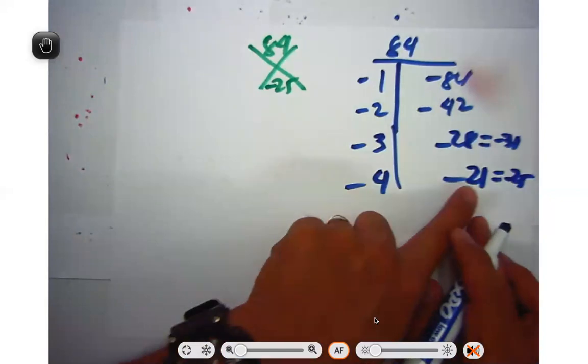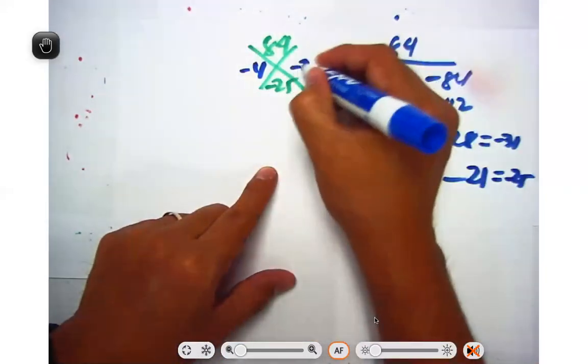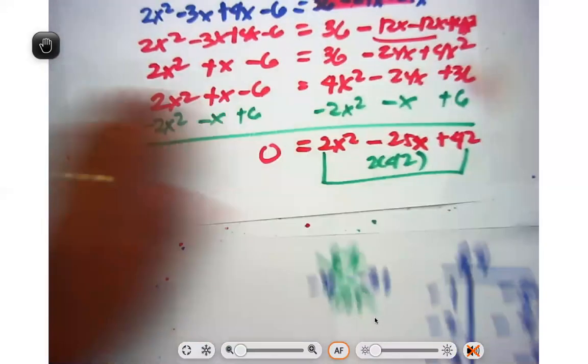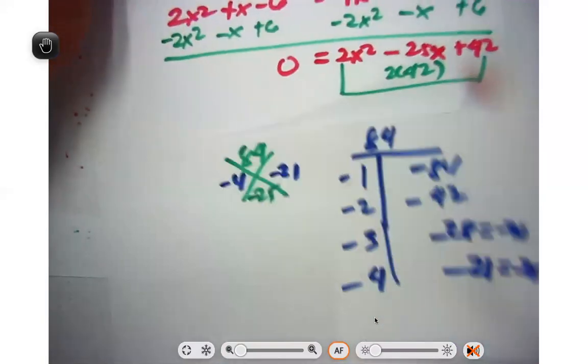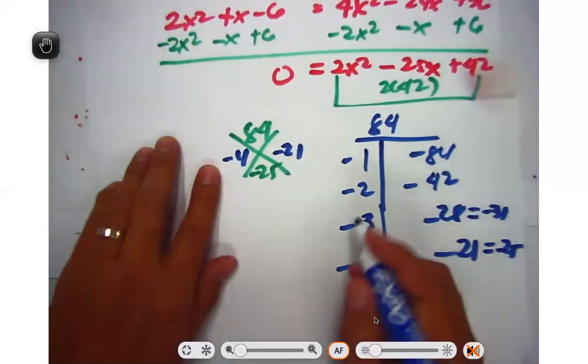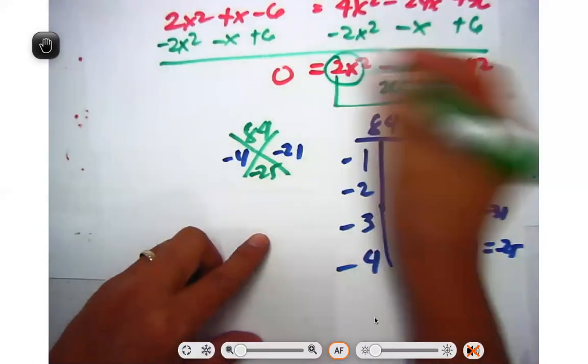It's now negative 4 and negative 21. Okay. So I think we have all the factors needed now. But the next step is to write the factors. Note that we have 2x here. So what are your factors?